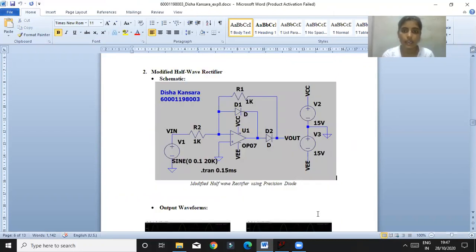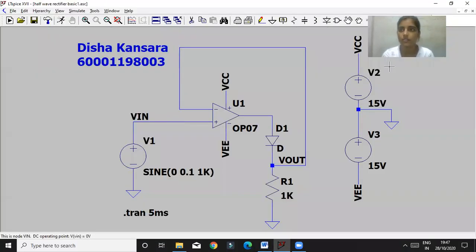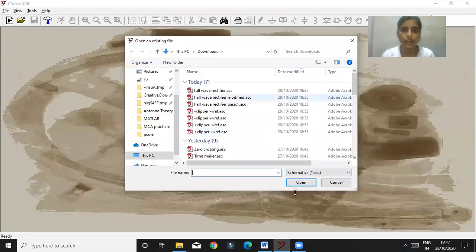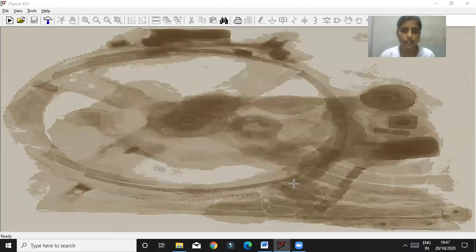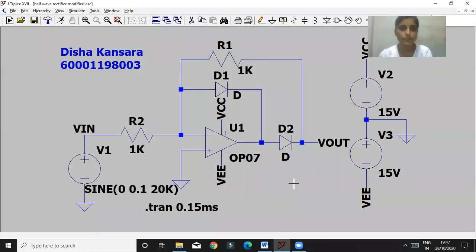So let's see the circuit in LTSpice. The modified half wave rectifier. So this is the circuit for this. The precision diode is in the feedback loop, and I used an OP07 and a feedback resistor with RL, which is 1K.